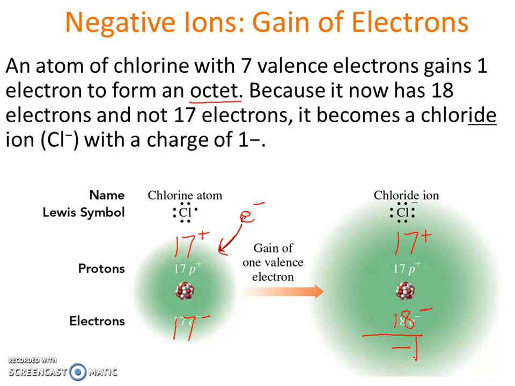So a chlorine atom tends to take a negative 1 charge. Notice, this is now called a chloride ion. Any of the anions change the ending of their name to "ide." Chloride, oxide, bromide, etc.